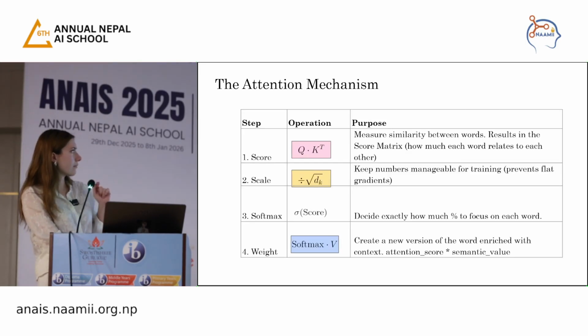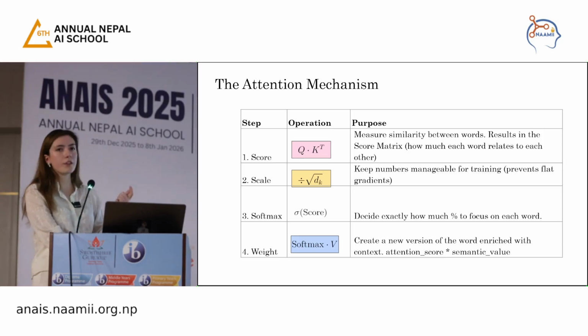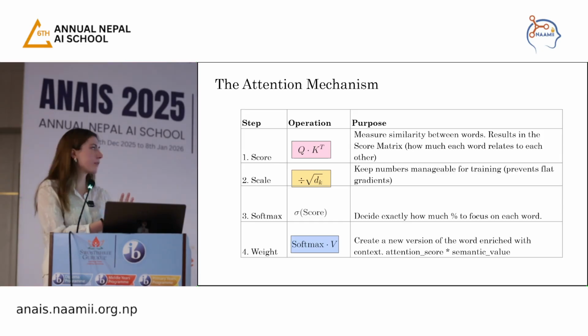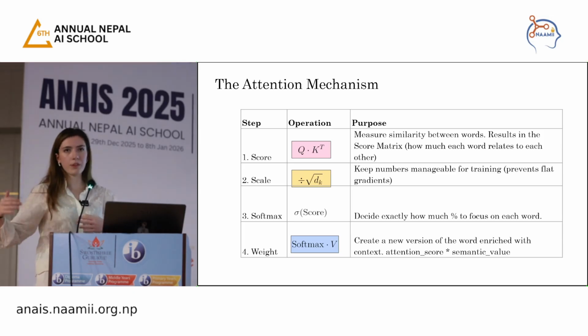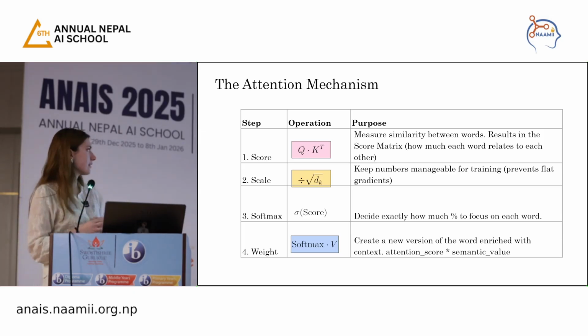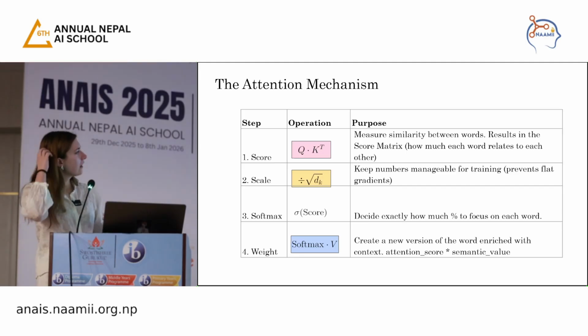So this is the formula. What we do is basically we, first of all, compute a similarity score. So we're basically asking how similar, how related these 2 words are that I'm considering, right? It's not 2 words, it's basically between all the words, but just for the sake of simplification in explaining, let's just say 2 words, okay.